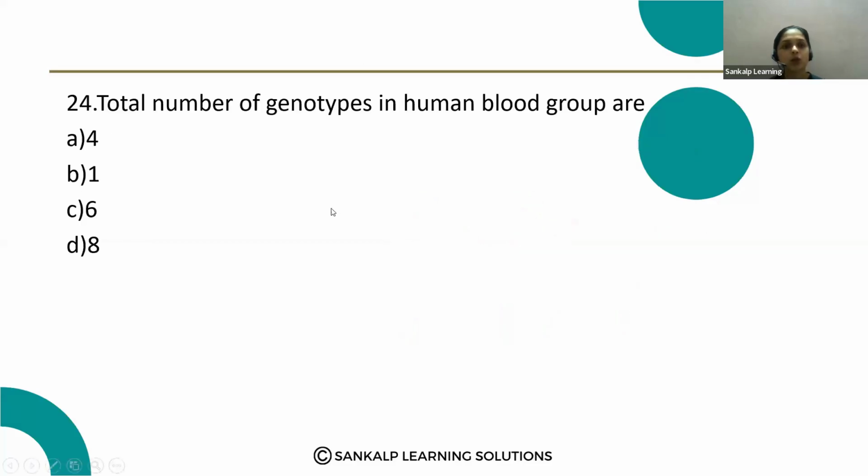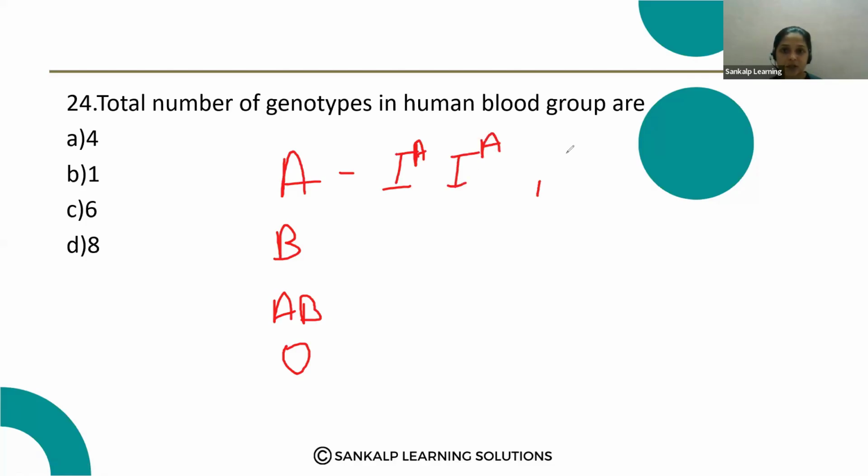Next question. Total number of genotypes in human blood group. Here, human blood groups are A, B, AB, and O. Here they are asking about genotypes. The alleles may be IA IA or IA i, that is the genotype of the A blood group.